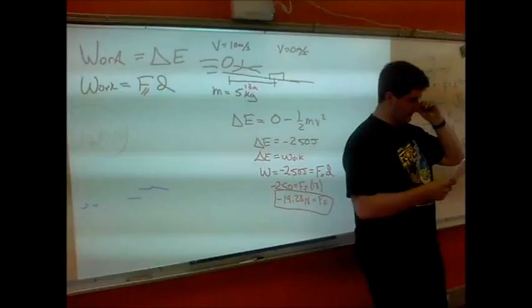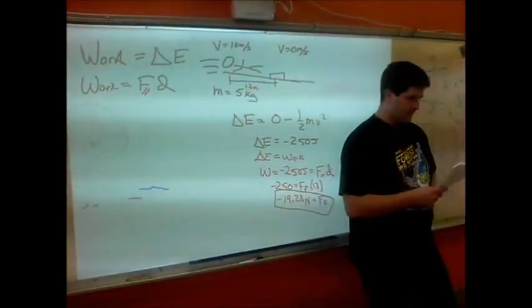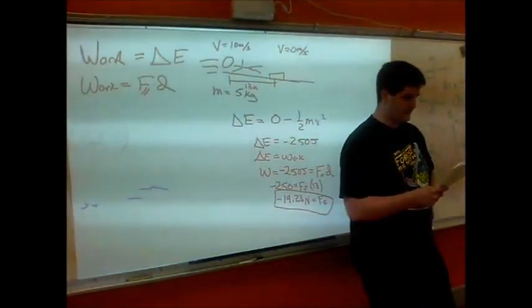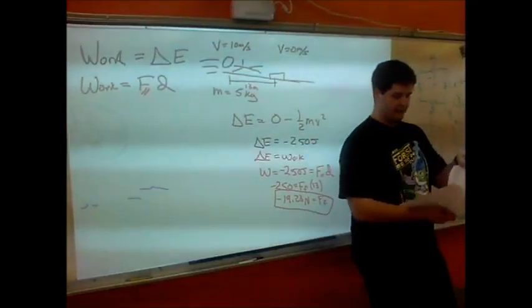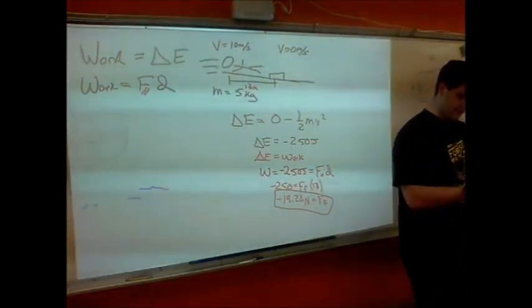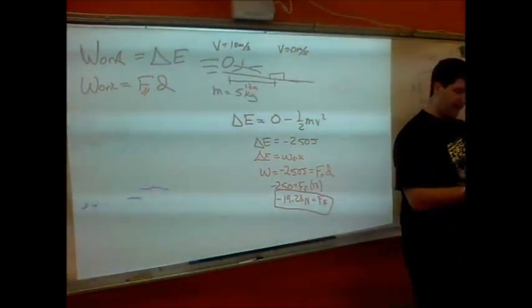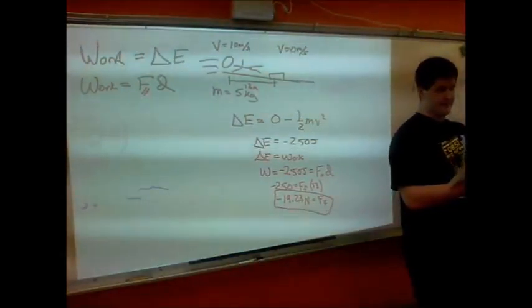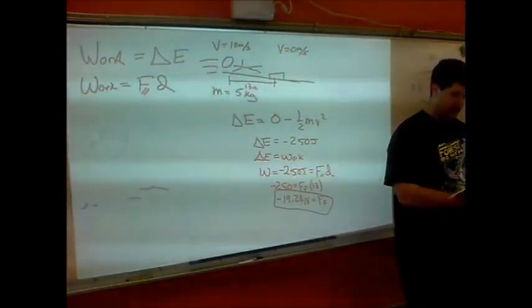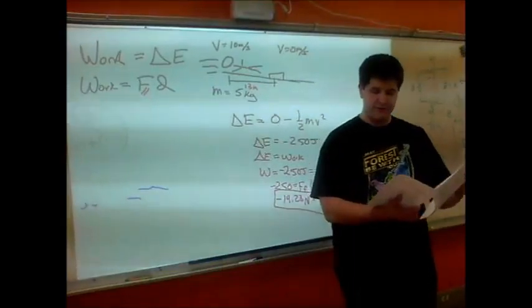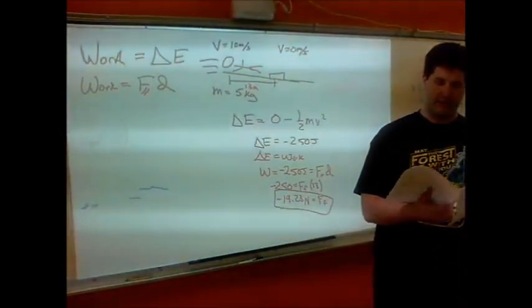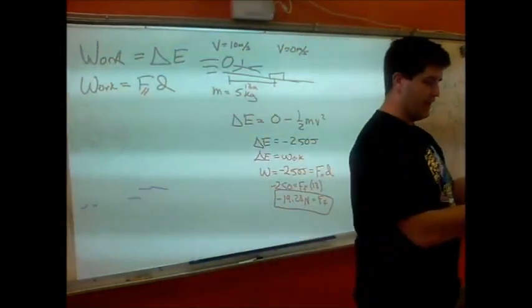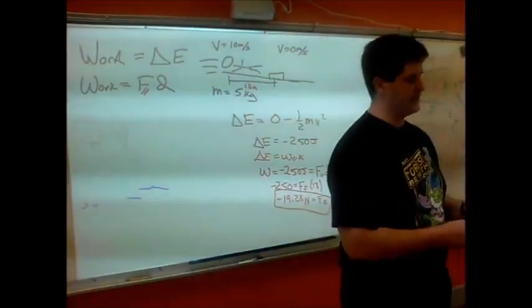So that was learning objective 5.B.1.2. We're saying that a single object can only have kinetic energy, and a system that includes the object and something else has both kinetic and potential energy.